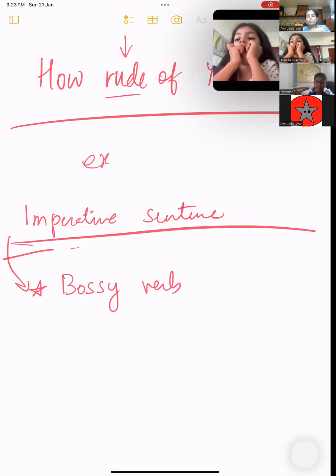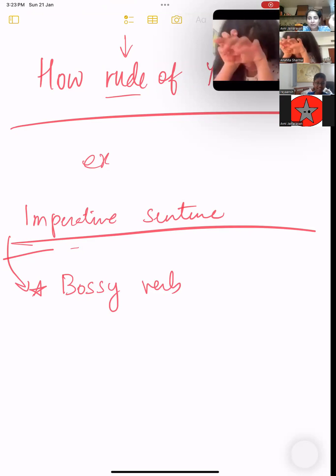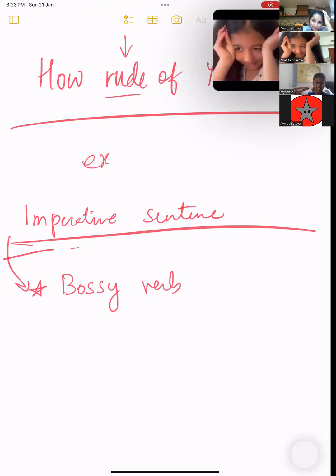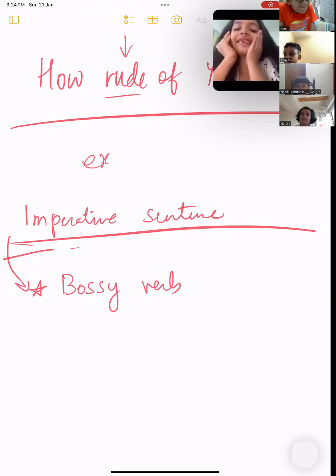Change it now? Were you meaning to say change the TV channel now? By any chance? Yes, ma'am. Yeah, Netflix, change it now. I don't want to watch this series. Okay, Anvika, next.